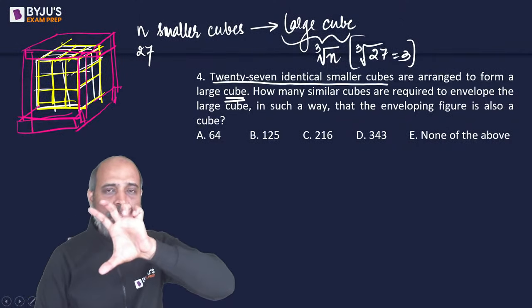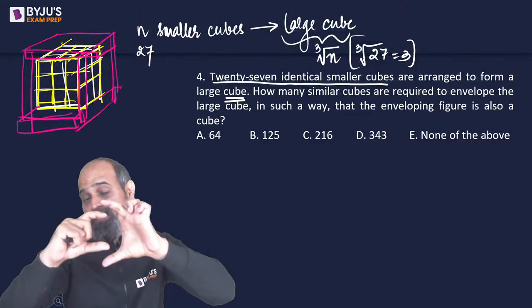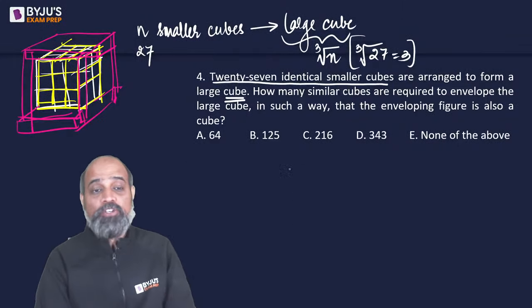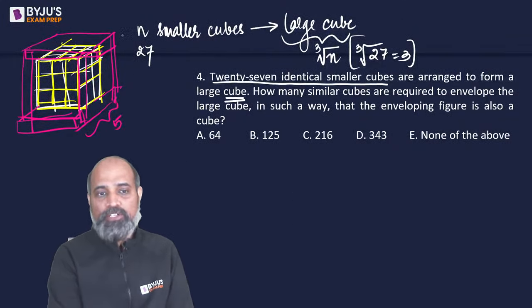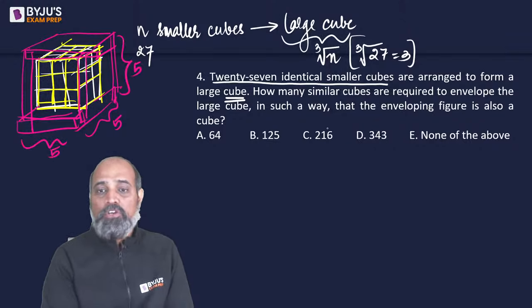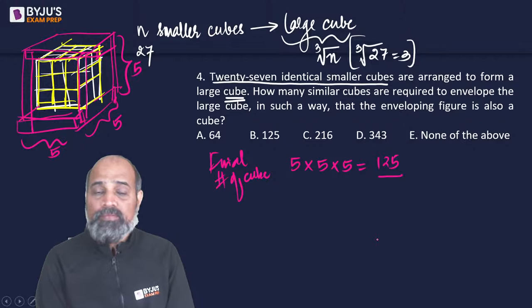5 will be the total. Out of that 5, we will have a 3-sized cube inside it. Since it's a cube, each one will have equal dimension along all the 3 axes, right? So can we say 5 into 5 into 5 will be the final number of cubes, which is 125, right?